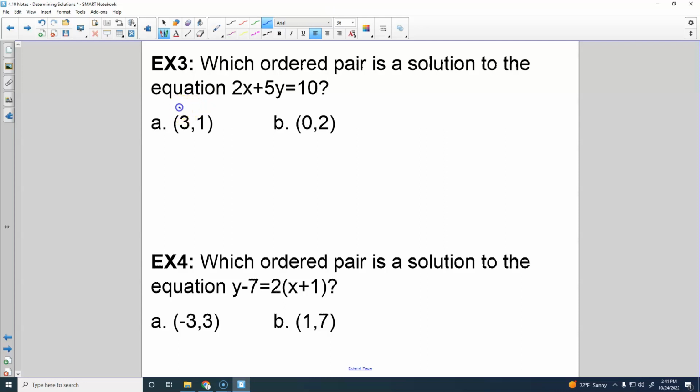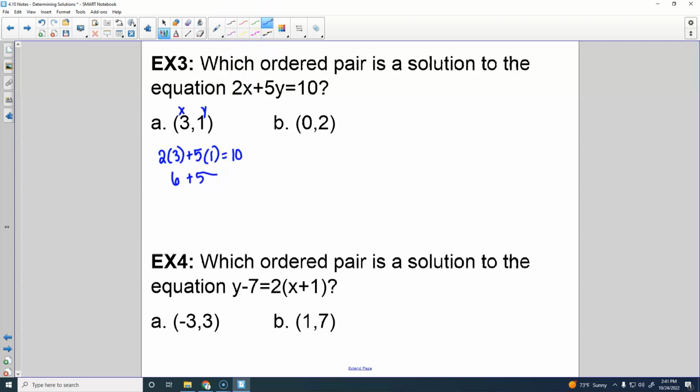So here, this is my x, this is my y. So for this equation, I'd have 2 times 3 plus 5 times 1. And I want to see if that equals 10.